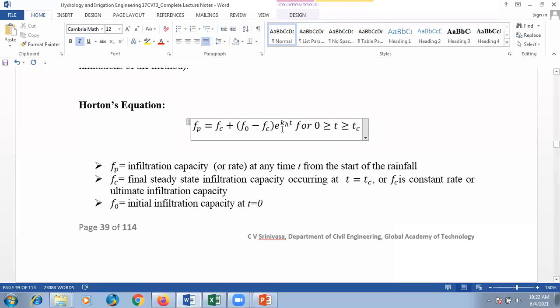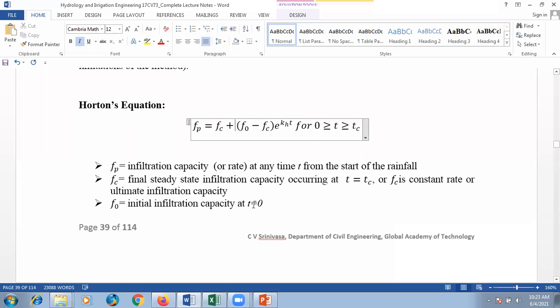And then we have the terms Kh and t. Kh, K suffix h, is known as Horton's decay coefficient. t stands for the time at which we are measuring. And tc is the time at which the value of infiltration becomes constant. It ranges from 0 to any time t up to tc.